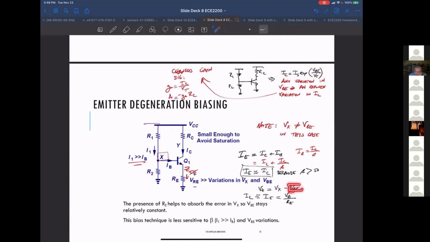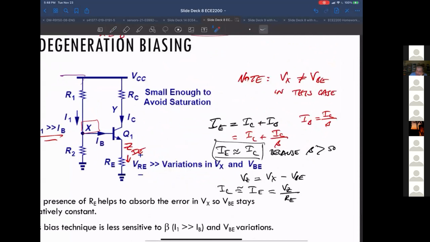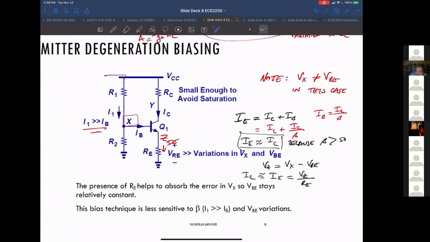Here, if VBE changes by 60 millivolts, VZ changes by 60 millivolts, okay? And that's like a 60 millivolt change across a resistor. So it's no longer an exponential change. It's like a factor of a few percent change, or at least 10, 50%, less than 100%.